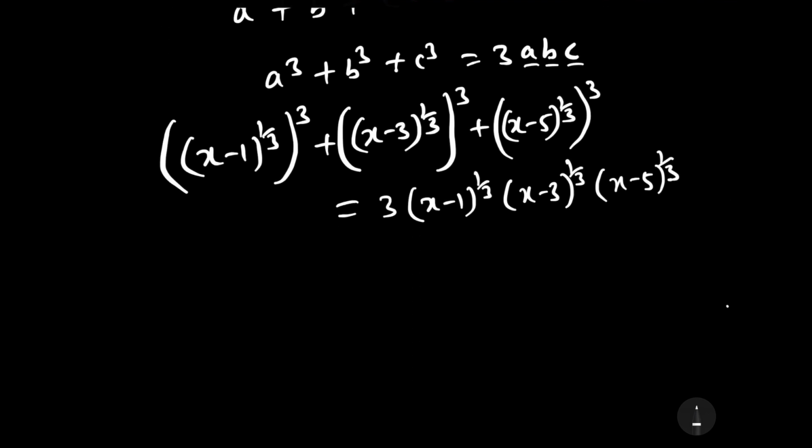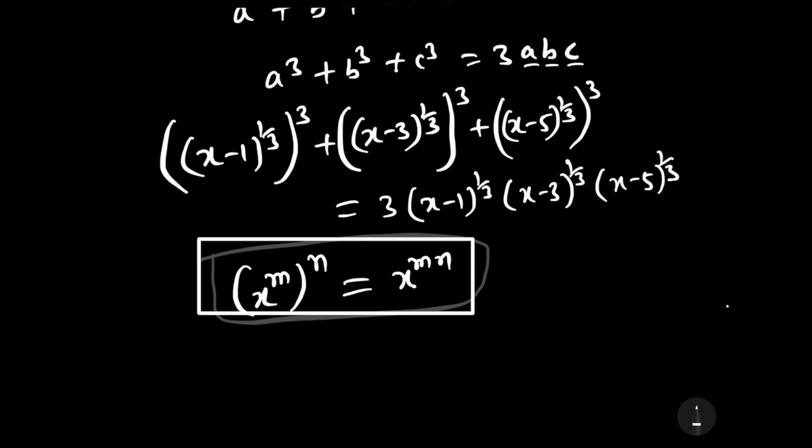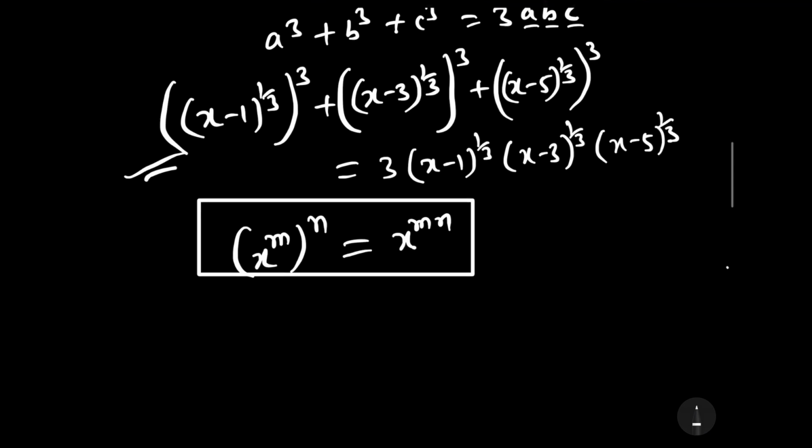Now further we will solve it. As we know, if there is a formula x to the power m, whole to the power n, then this can be written as x to the power m times n. With the help of this exponent rule, we will solve this.